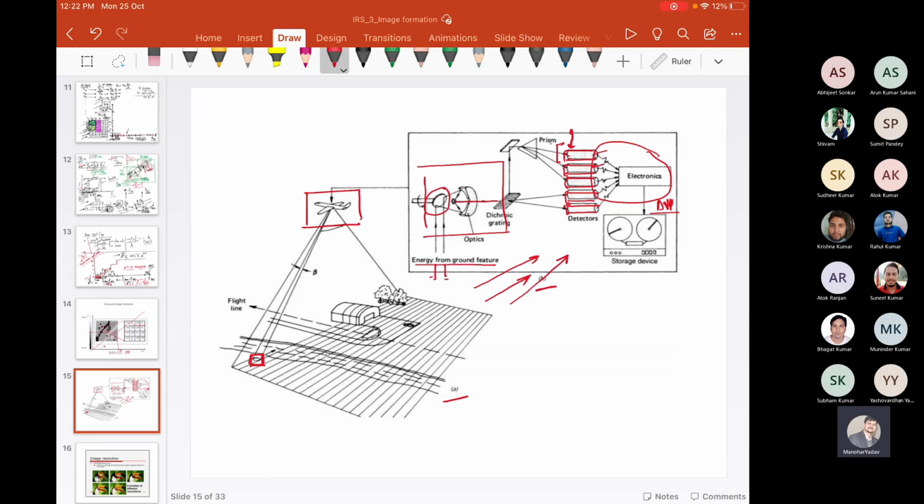Each detector has its own energy corresponding to this GRC, and corresponding to that, a DN number is assigned. So in case of a 5-channel sensing system, for one GRC we have 5 DN numbers: DN1, DN2, DN3 to DN5.